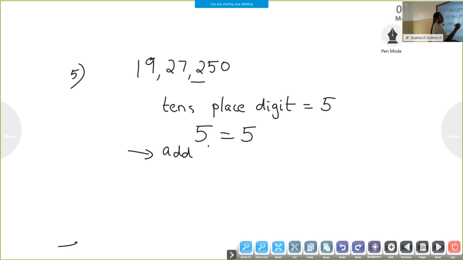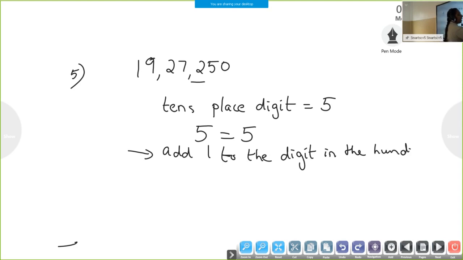Add 1 to the digit in the hundreds place. After adding 1, 2 becomes 3.